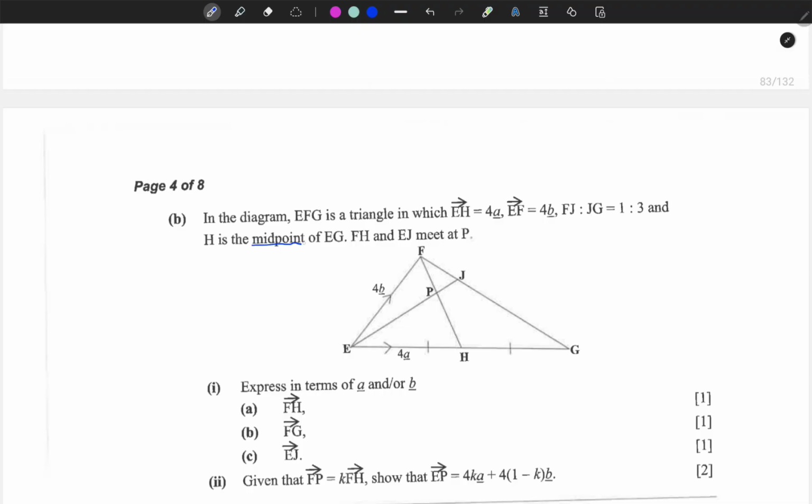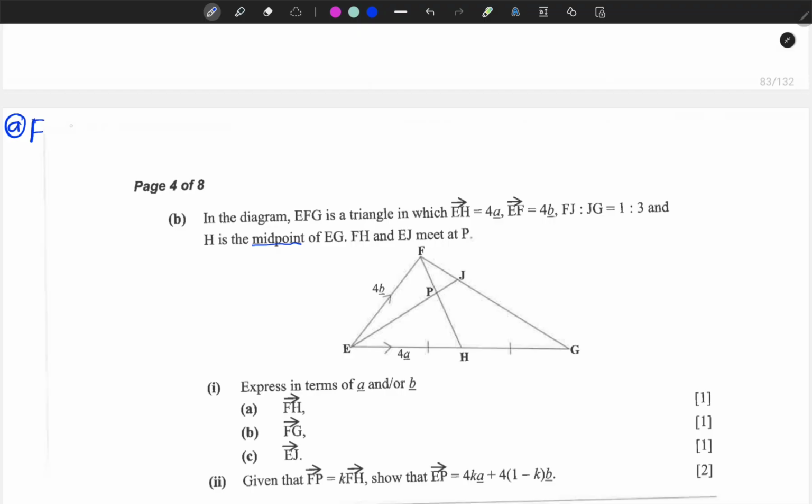It's very important: a midpoint is a point that cuts a line into two equal parts. Then FH and EJ meet at P. The first question: express in terms of A and/or B the vector FH. So we need to come up with this vector.